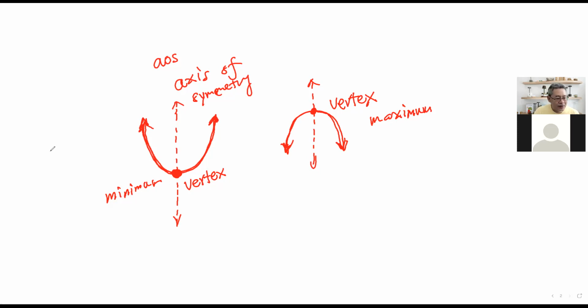Yep. So now we have to calculate the vertex point. We have a formula. So we know our function is ax squared plus bx plus c. And this point, we actually give a special symbol for that. We call this point h comma k.